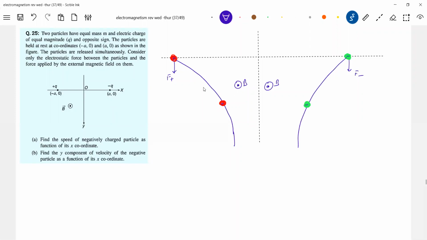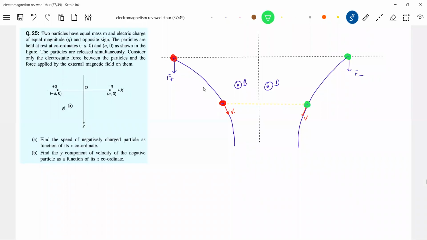Both will be on the same horizontal line after some time. So how will the velocity vector be directed? Any other forces that are going to act?